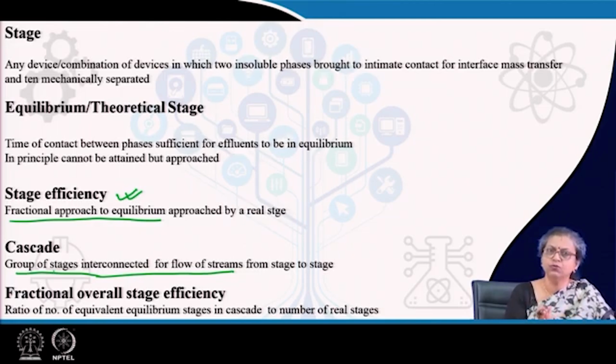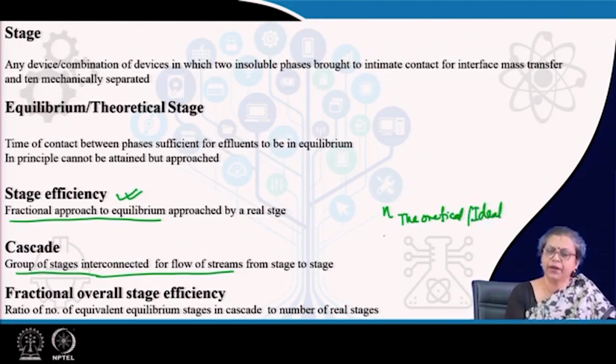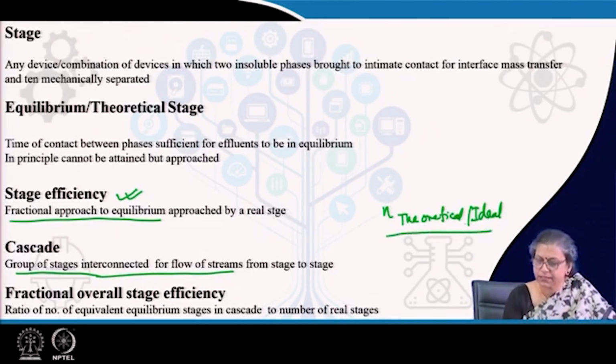So, we find out the number of theoretical stages required to bring about some particular separation, denoted by n ideal. We know that we will definitely require more stages as compared to the ideal stages.